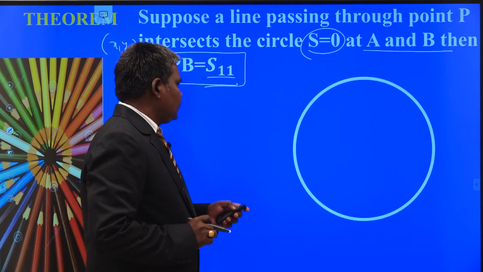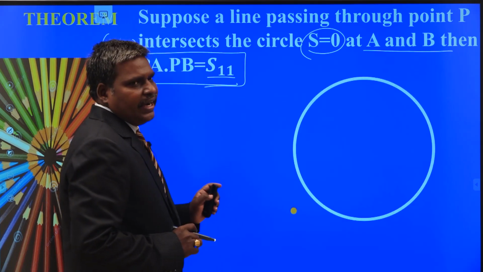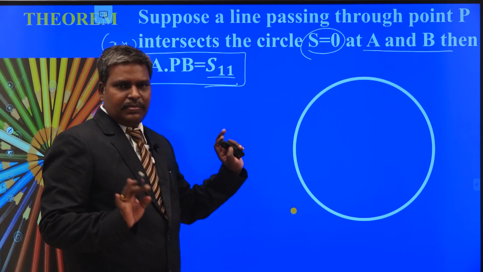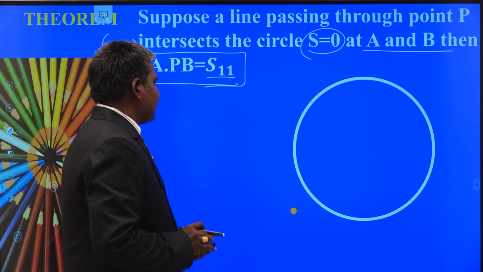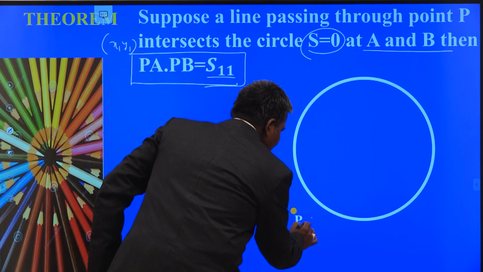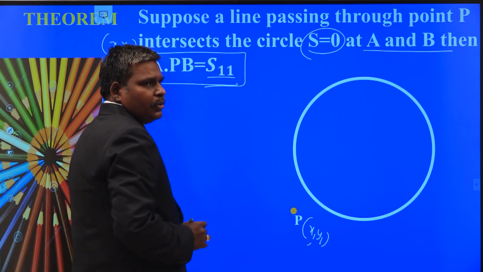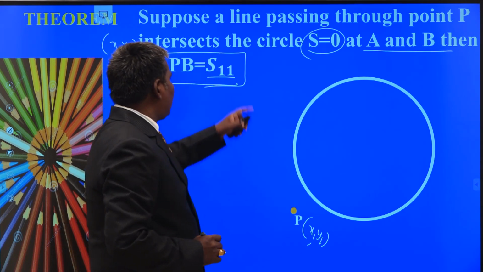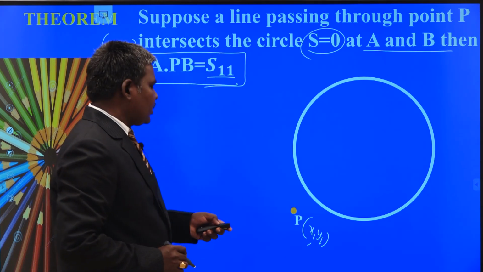This is the circle. This is the point, whether it is outside, on, or inside the circle. So I am taking the point here itself. This is my point P, with coordinates x1, y1. Then only we get S11. If your point is x2, y2, this becomes S22.